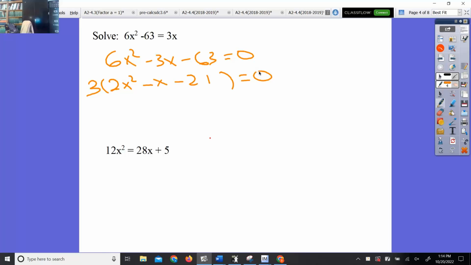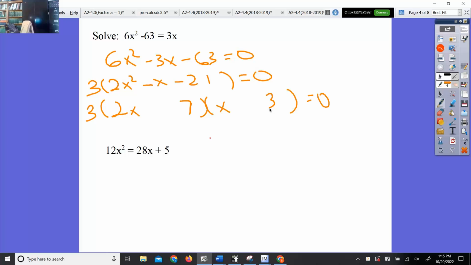How do you create 2x squared? 2 and 1. 2x and a singular x. And instead of thinking about 63, which is a whole bunch of factors, it's just 21, which doesn't have that many. And there's an obvious pair that'll probably work. 7 and 3. You want to do it in the order that you said it. Actually, we do. You said 7 and 3, and that's the perfect order.